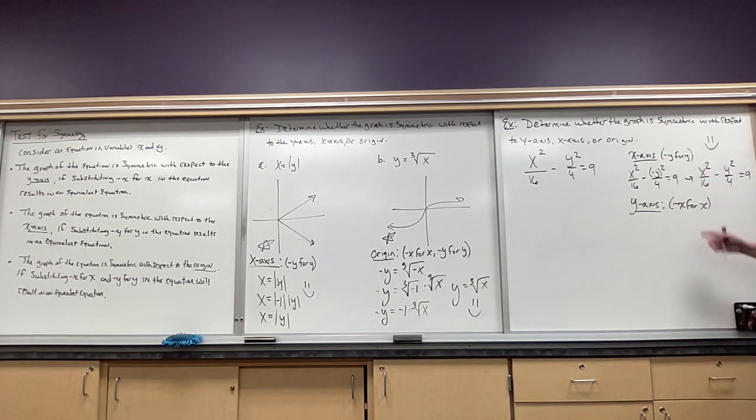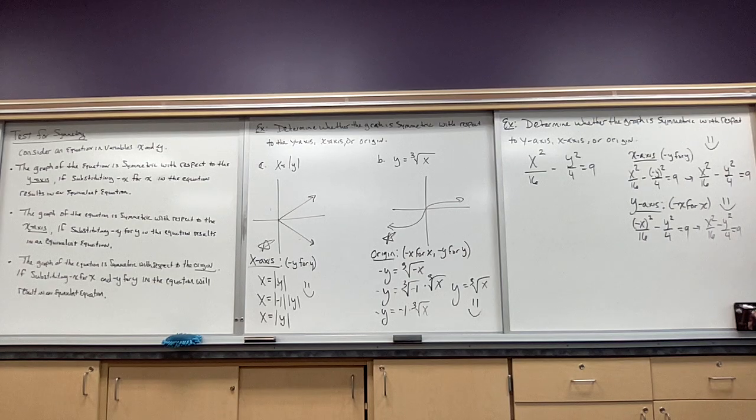Nothing like that. Okay, so this one, negative x squared over 16 minus y squared over 4 equals 9. And you can see that, hey, this can become positive. It results in the same equation. So, hey, it's symmetric with respect to the y-axis.